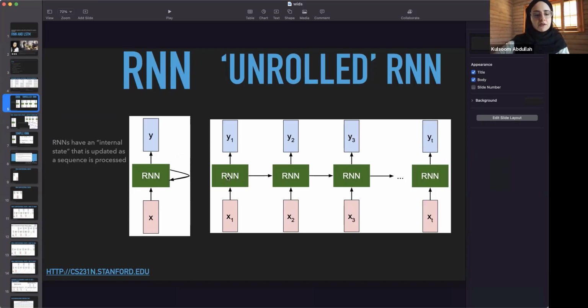Now there's something called a state that comes out of this RNN that goes to the next one. So that information goes to the next one, plus your second input. That together can give you another output. So that's the rough idea with this RNN.